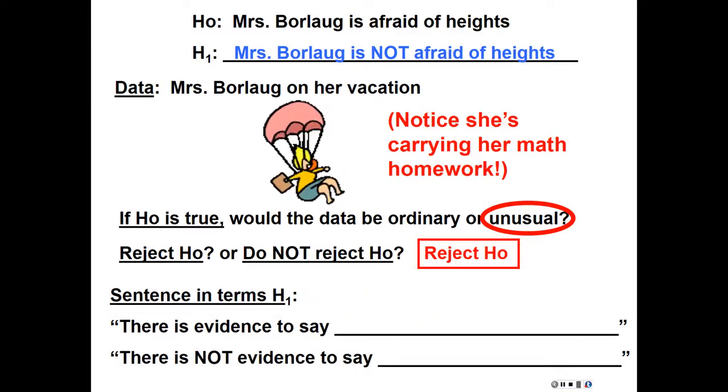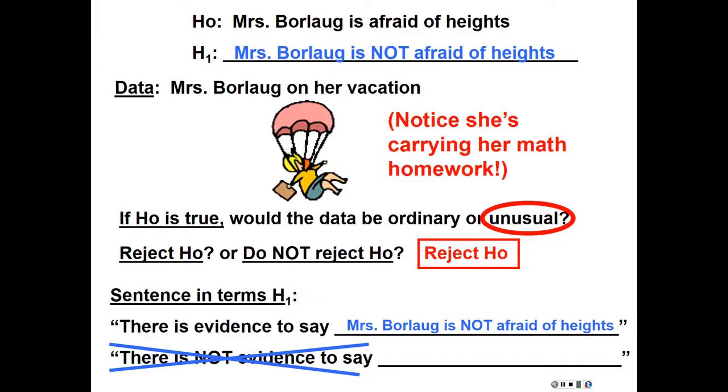So we say there is evidence to say that she's not afraid of heights. There's evidence that says she's not afraid of heights. Because the only people that are going to jump out of airplanes carrying anything are people that are not afraid of heights. At least people that willingly jump out of airplanes.